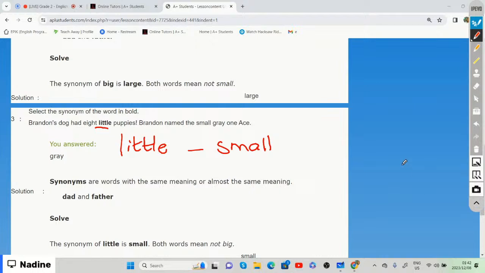Both of these words mean that it is not big.